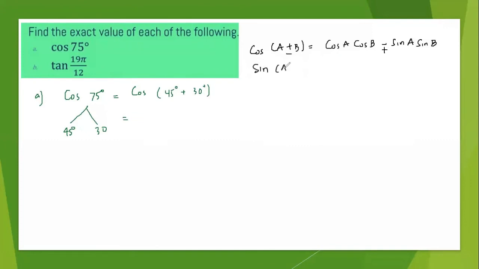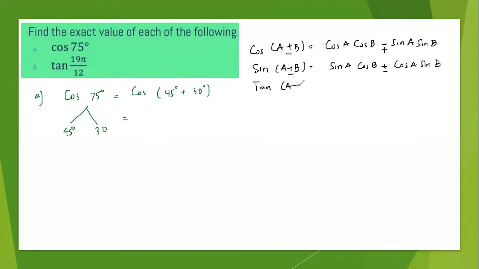And then sine A plus B is sine A cosine B, positive, plus cosine A sine B. When we put negative here, here is negative too. So what about tangent?